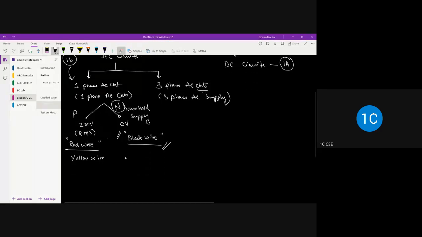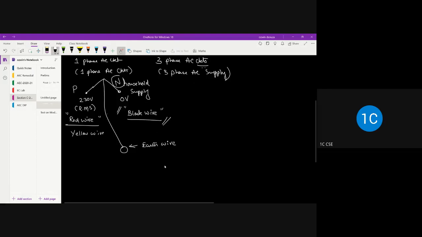So only two wires are found in an AC system. Sometimes, along with these two wires, you will also have a third wire, which is called the earth wire. Now, this earth wire will not be found in each and every appliance.